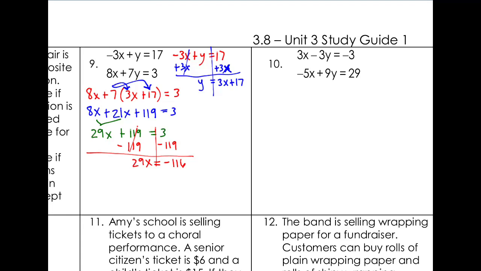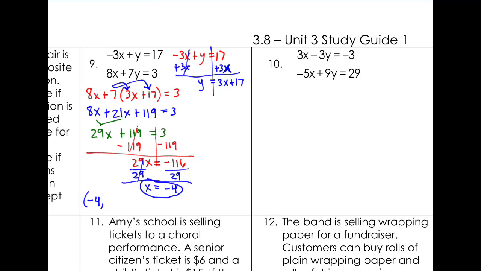And then our last step is going to be to get rid of that 29 off of that x. That's multiplication, so we're going to divide to get that off. Divided by 29. That leaves us with x is equal to, what is that, -4. Okay, so we have x. So we know we have our first number, we have -4.